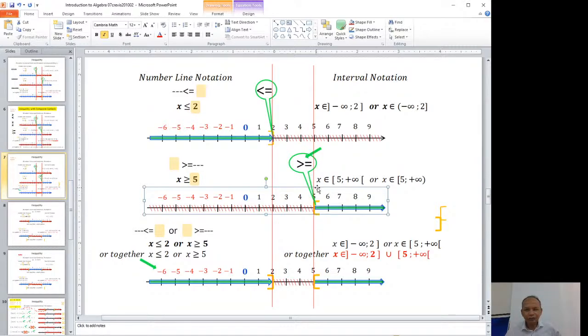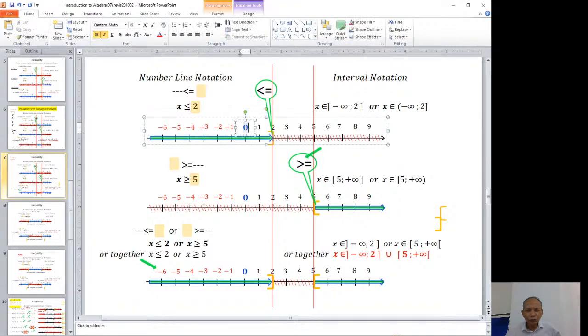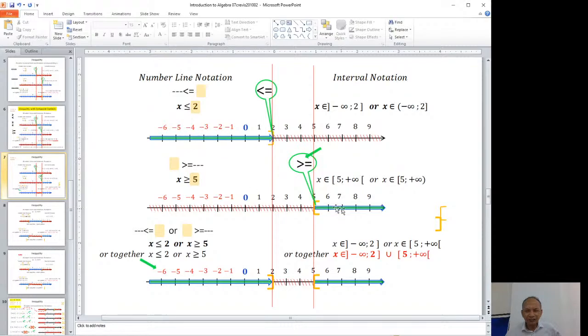Okay, so here 5 belongs to this ray, and up here 2 belongs to this ray on the left, 5 belongs to the one on the right, and together, the union is like this.